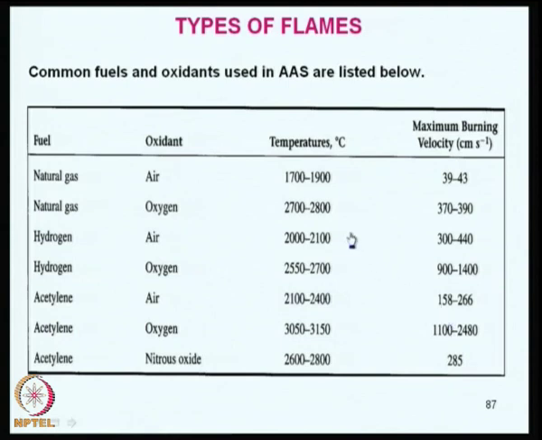That is very high. You can choose acetylene nitrous oxide as the oxidant, and you will see that the temperatures are of the order of about 2600 to 2800, and the burning velocity is of the order of about 285 centimeters per second.